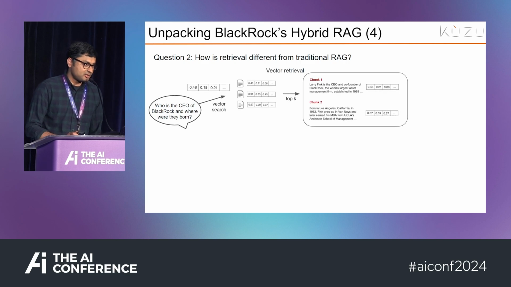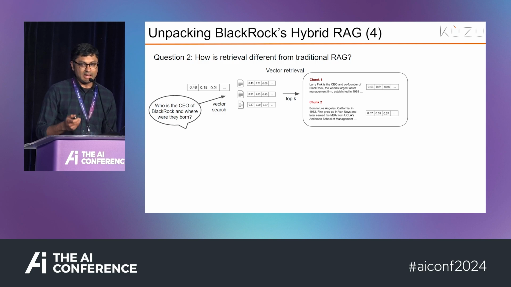The traditional vector retrieval process is done as you might normally expect: you transform this query into a vector embedding, and you perform a similarity search on your data. You return the top k results, and in this case, because you have the terms CEO, BlackRock, and born, you're going to get similar text from the different chunks via the similarity.